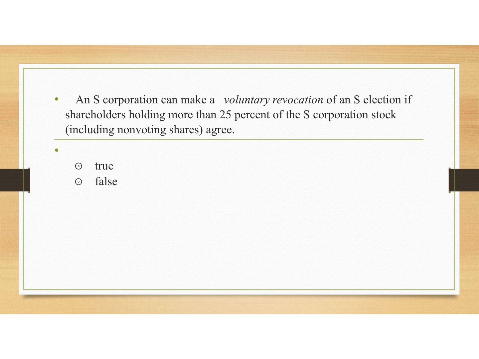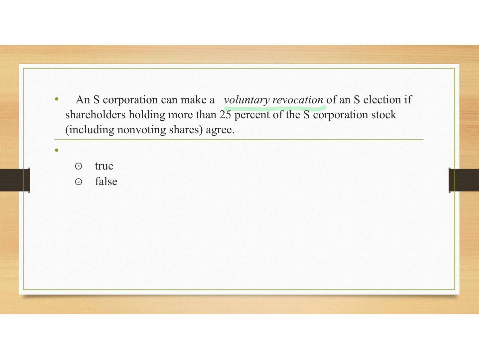So an S corporation can make a voluntary revocation. An S corporation can voluntarily revoke its S status, or it can do something that is problematic from a qualification perspective, and it can involuntarily terminate its status.